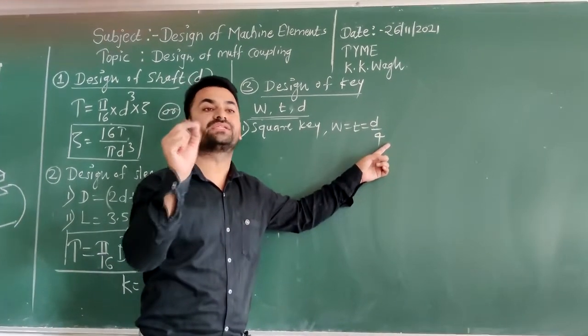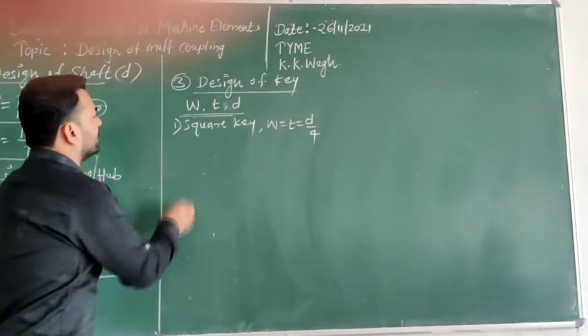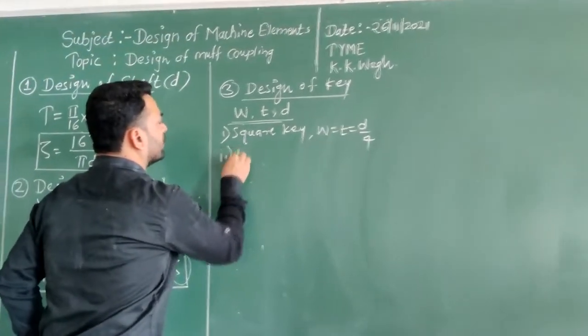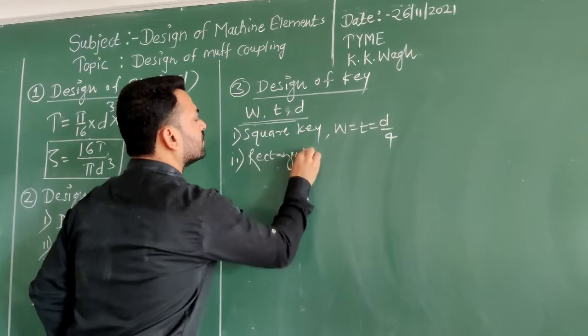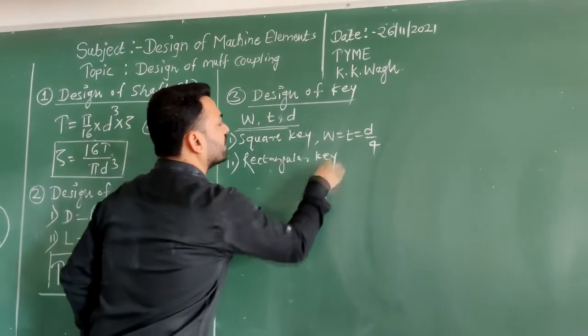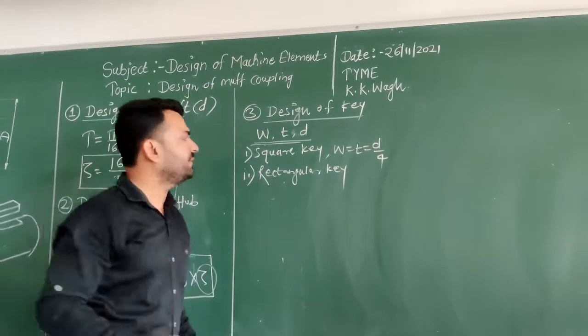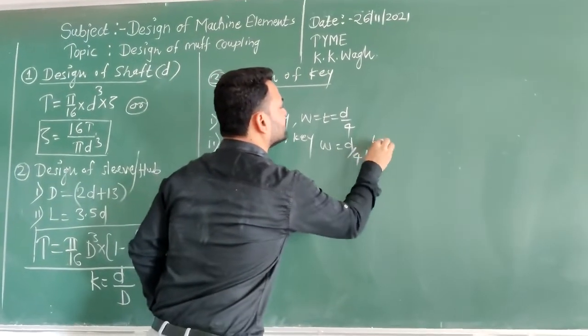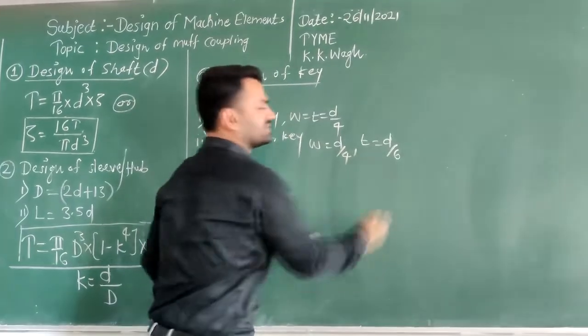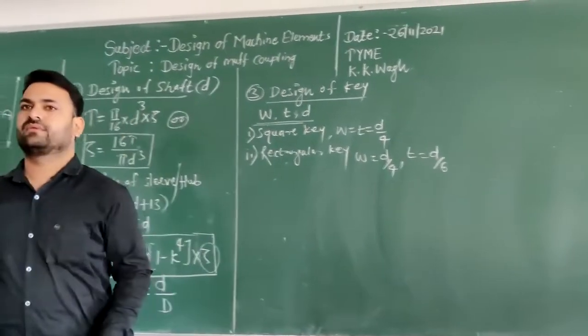It's a standard relation. And for the rectangular key, width is again d by 4 and thickness is equal to d by 6. This is the standard relation.